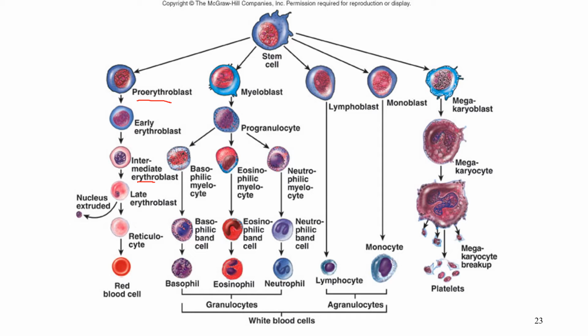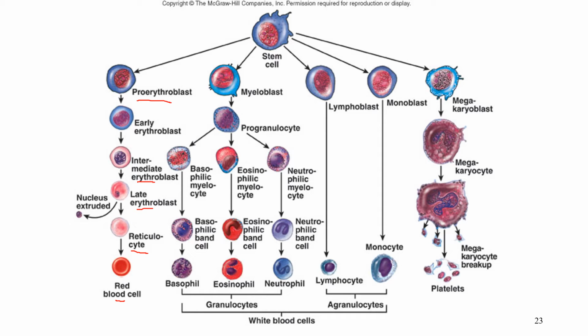And then you will have the late erythroblast. So in this stage, you see there that the nucleus has already been excluded. And then eventually, kapag nawala na yung nucleus from the developing erythroblast, it will become a reticulocyte and eventually become a red blood cell.